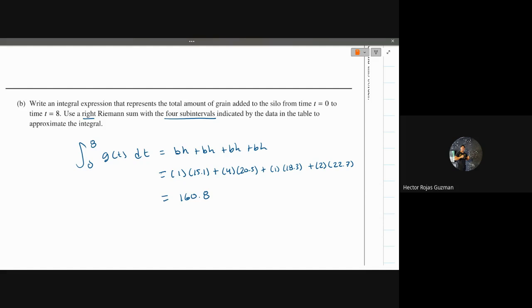And this means that 160.8 cubic feet of grain is added to the silo during the first 8 minutes.